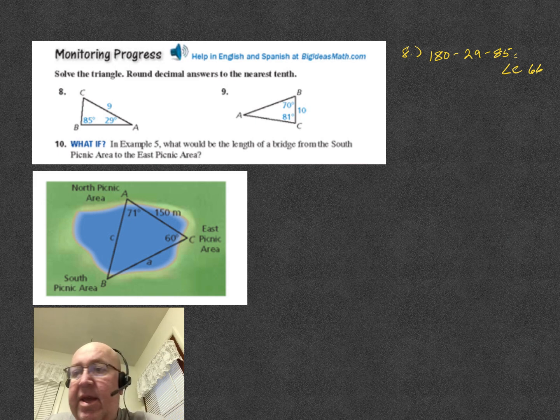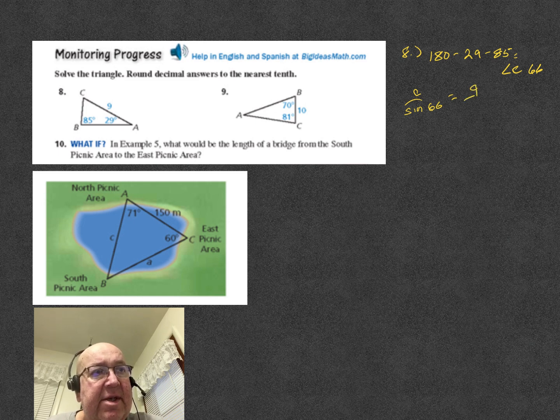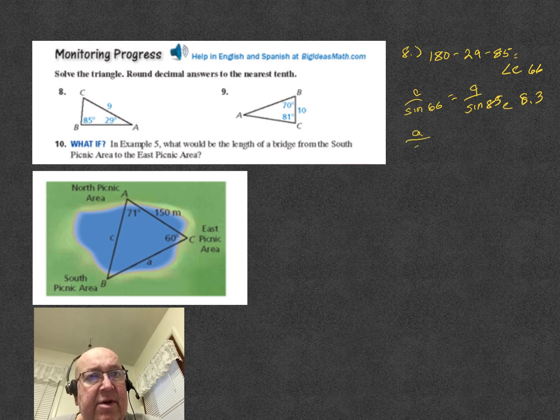66 degrees, and then we're going to go C over sine 66 is going to be equal to the one we have, which is 9 over sine 85, and we're going to get that that is going to be equal to 8.3 units for C. Now we need to find our value for A. So we're going to go A over sine 29 is going to be equal to 9 over sine 85.